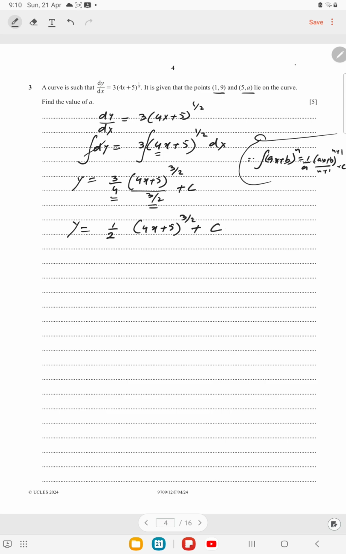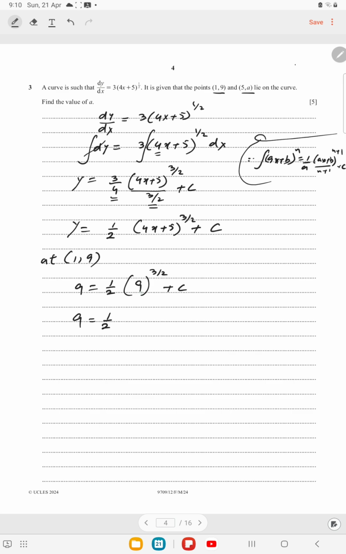Now what to do? Just replace the points to get a and c. First at 1 and 9. We get 9 is equal to 1 by 2 times, 4 times 1 is 4 plus 5 is 9, 9 power 3 by 2 plus c. The calculator will give me the answer.